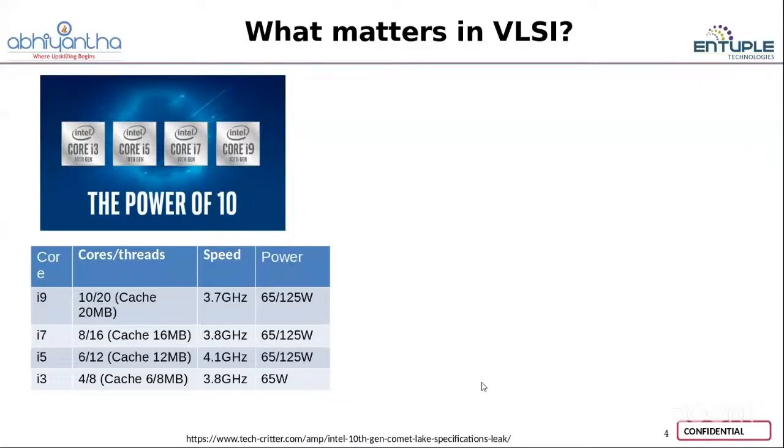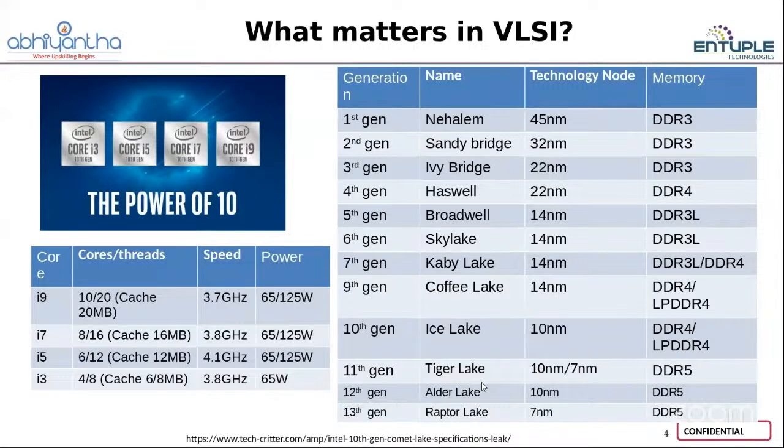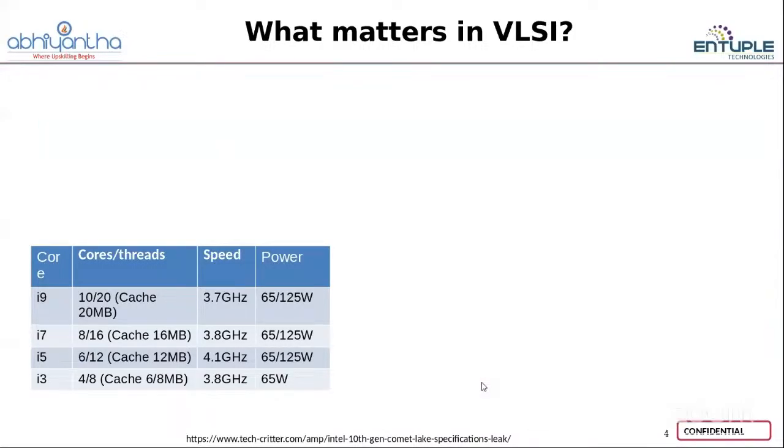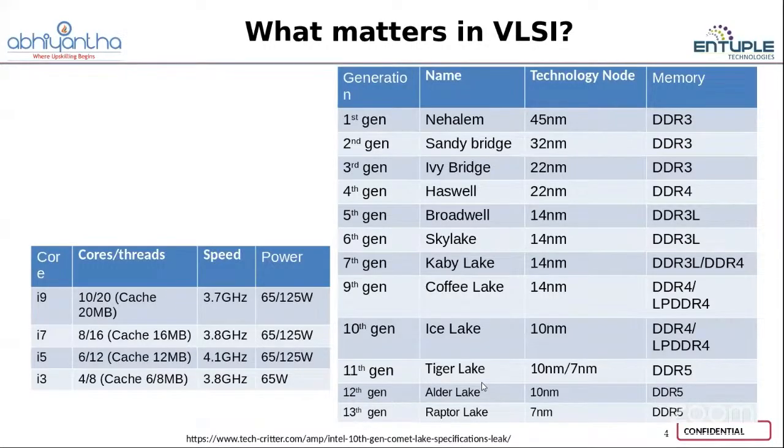Then again, we are focusing on the i5 processors with 6 cores, and we are increasing the speed to 4.1 GHz with the power the same at 65, maximum of 125 watts. Then we started the i7 processors, right? In this i7 processor, we have 8 cores.